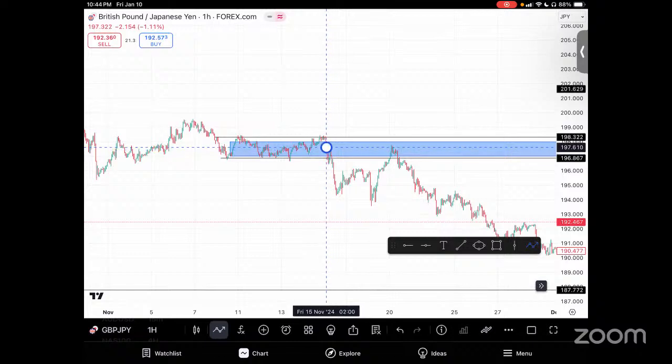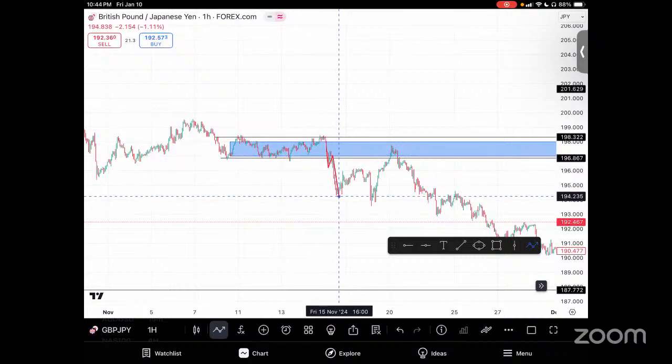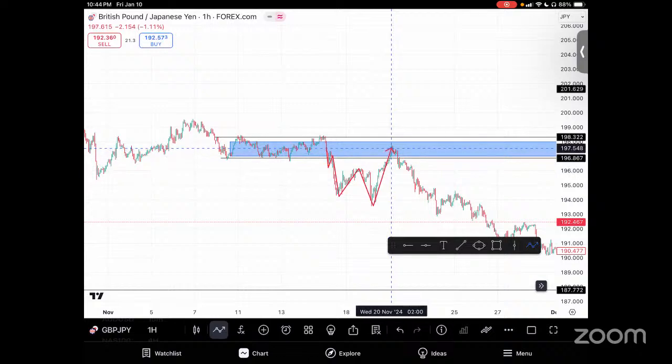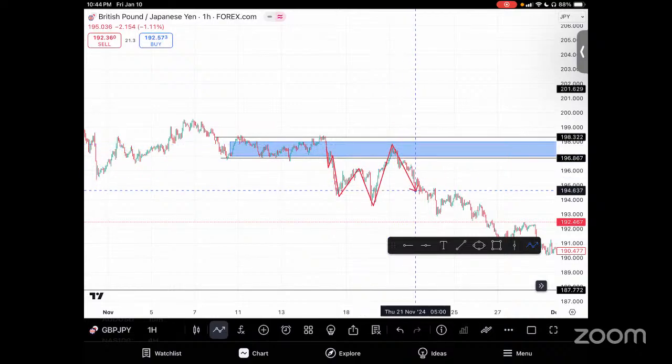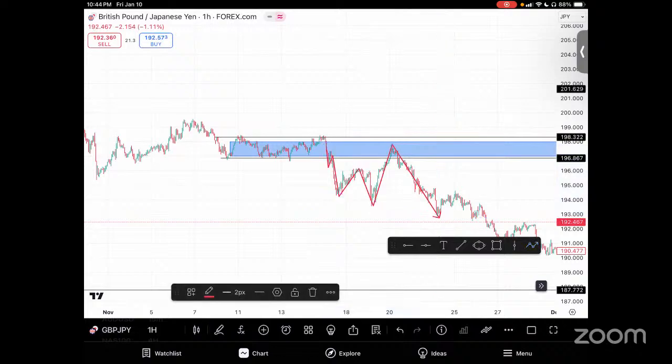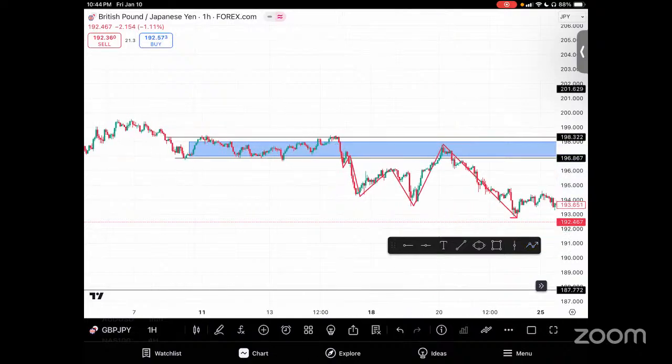Bearish. Broke out to the downside, broke out bearish. Very, very good. Resistance is here.